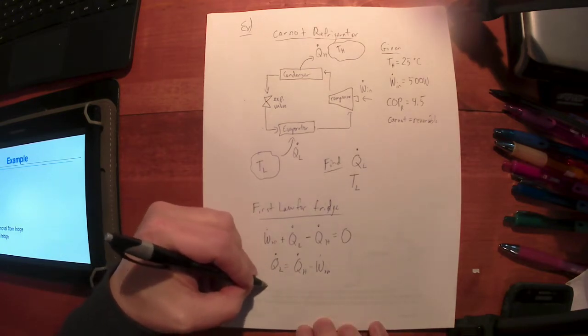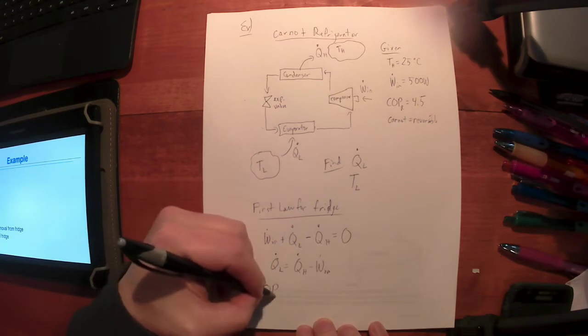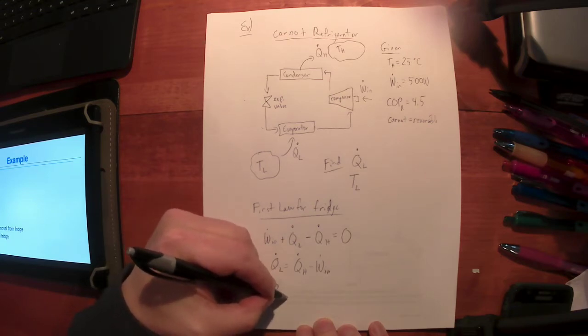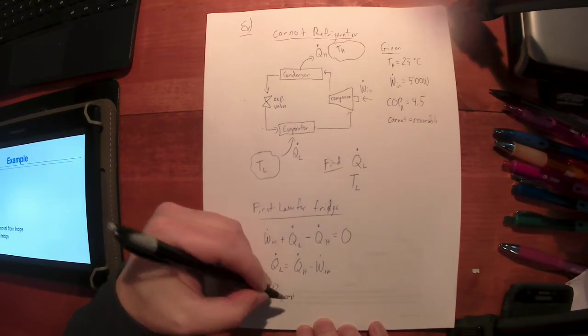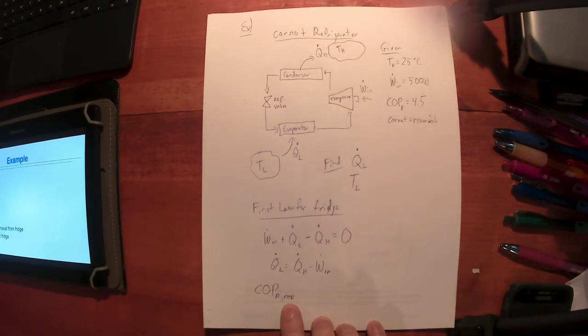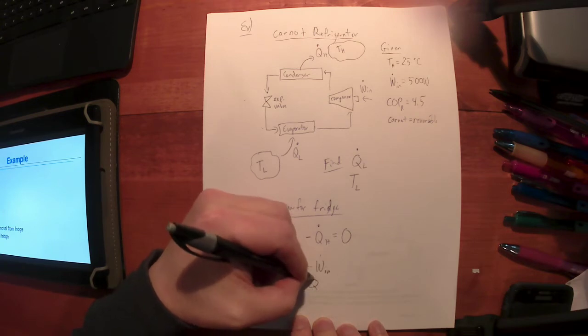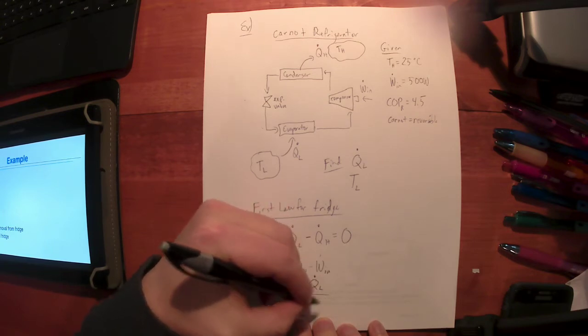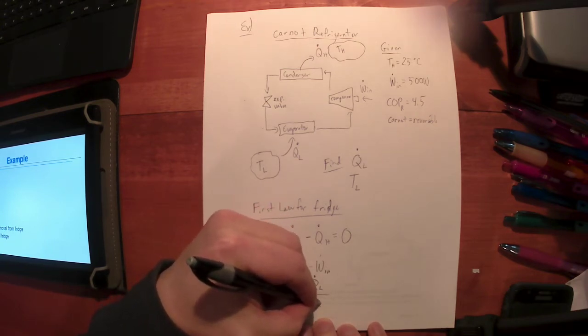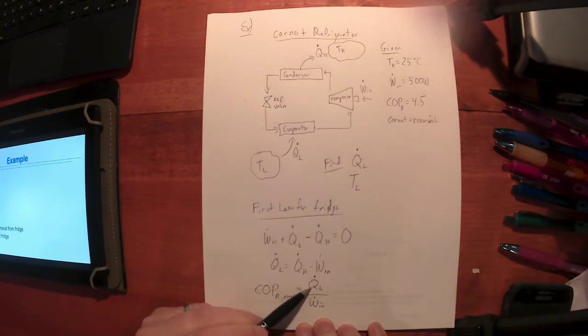They've told us the coefficient of performance for this refrigerator, and because it's a Carnot, we can also put this reversible subscript on here. Now, the coefficient of performance for any refrigerator is always what you want divided by what you have to do. Well, what we want in a refrigerator is Q dot L. To get it, we have to put in a little bit of work, some power input.